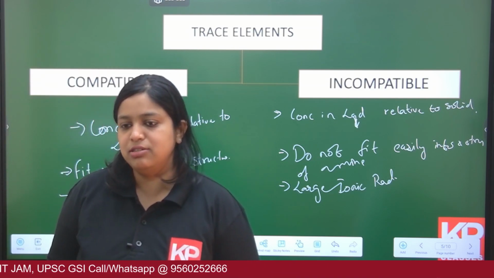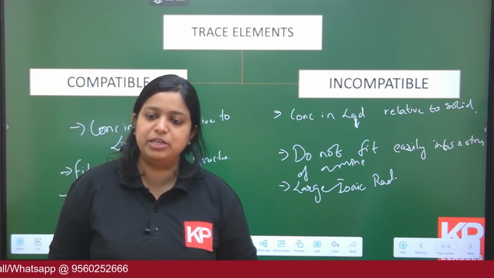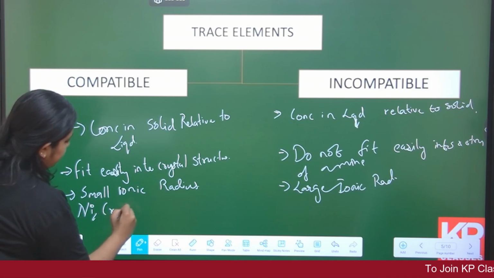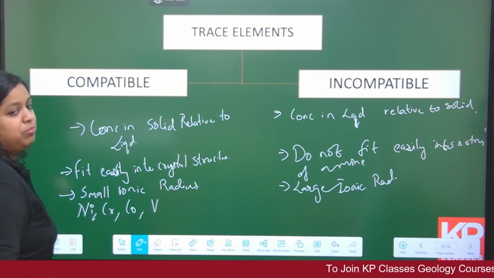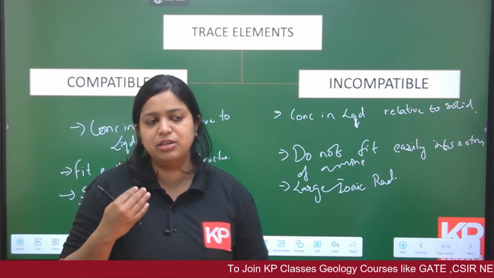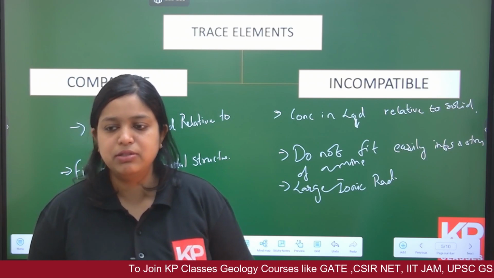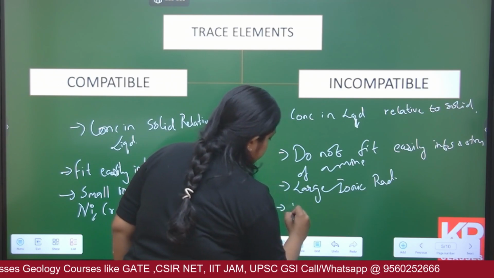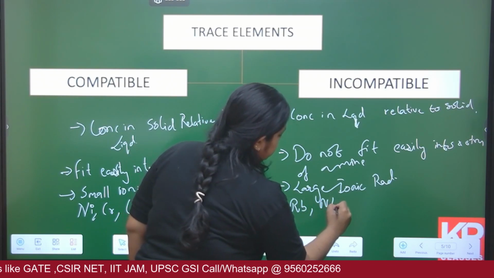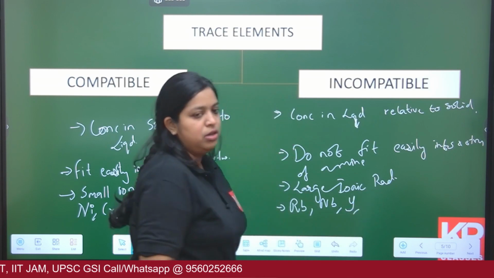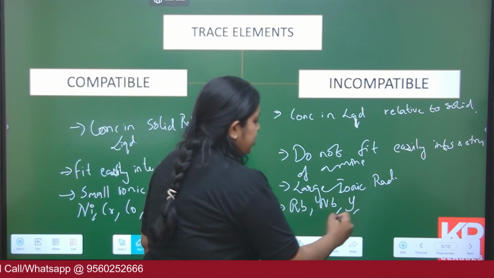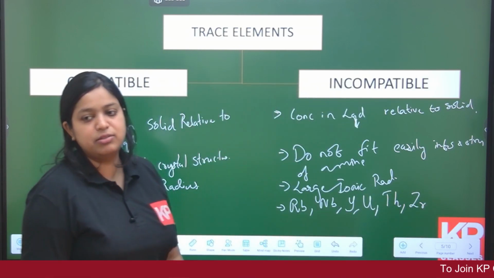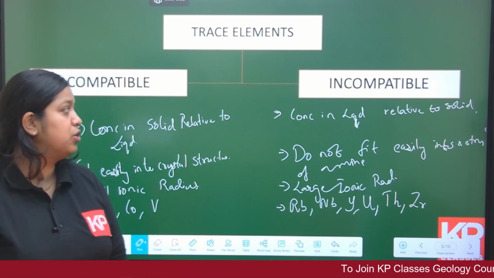Now, some of the most common compatible elements are nickel, chromium, cobalt, vanadium, etc. Whereas the common incompatible elements are rubidium, neodymium, yttrium, uranium, thorium, zircon, etc. All these are considered incompatible elements.